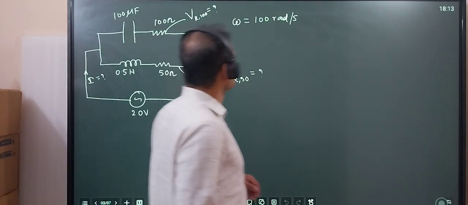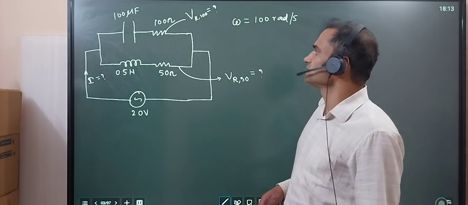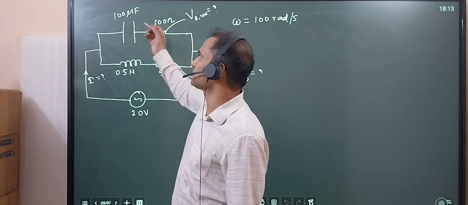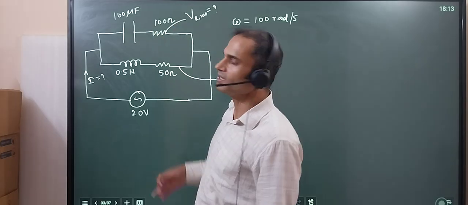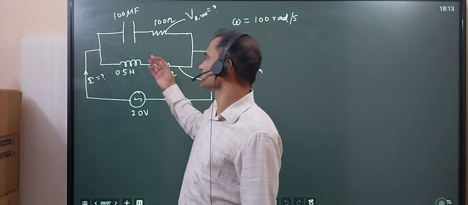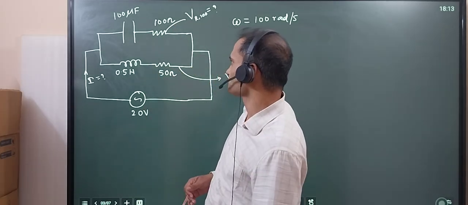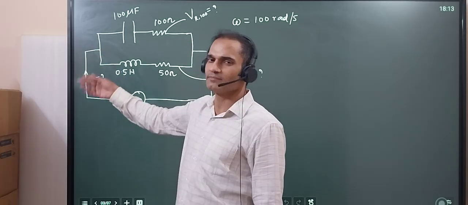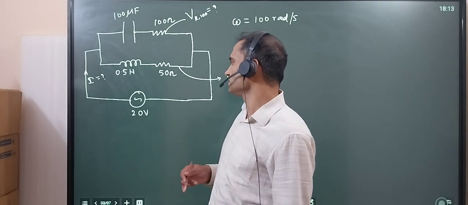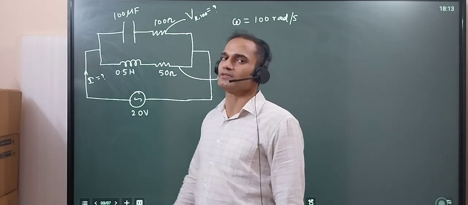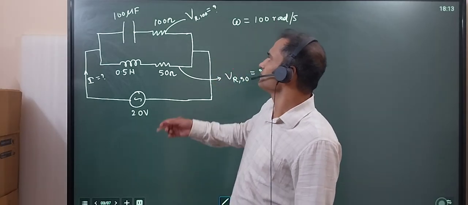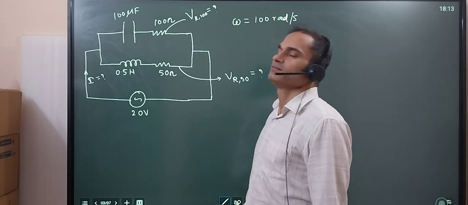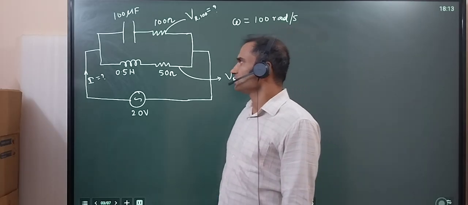In the next question, we have a resistor with capacitance, and in parallel we have a resistor with inductance. And what we need to find is the total current. Total current means RMS value of the current. Here this voltage is the RMS value of the voltage, and we also have to find the voltage across this 100 ohm and 50 ohm resistance.